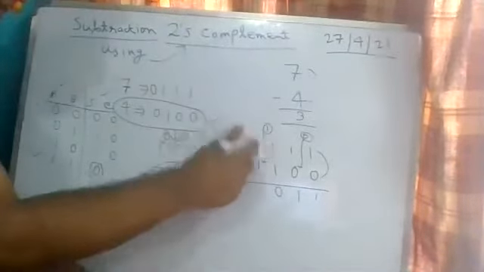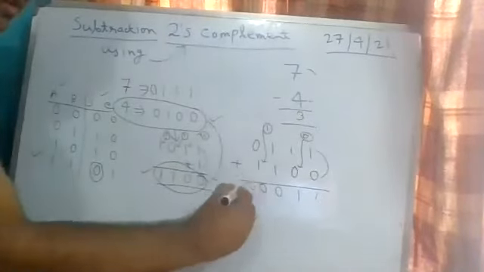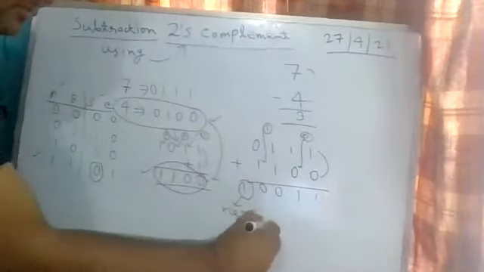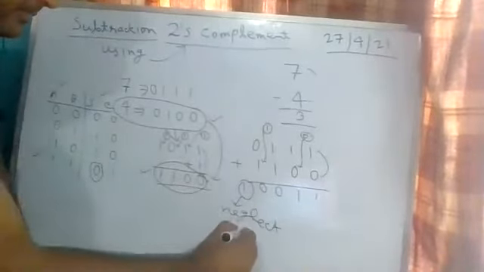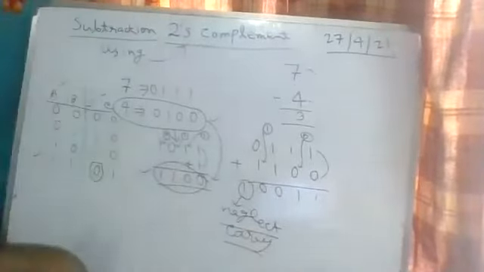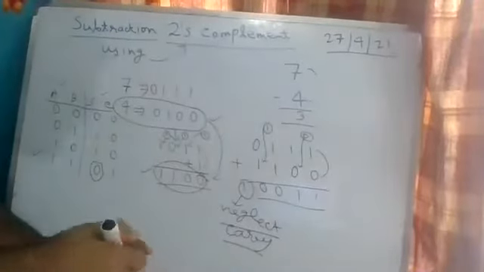So 0 plus 0 finally 0, but there is one more carry, and our main job is to neglect this carry. Remember it. Our main job is to neglect this carry. If there is no carry, then we have no problem. Then there is no question of neglecting a carry.